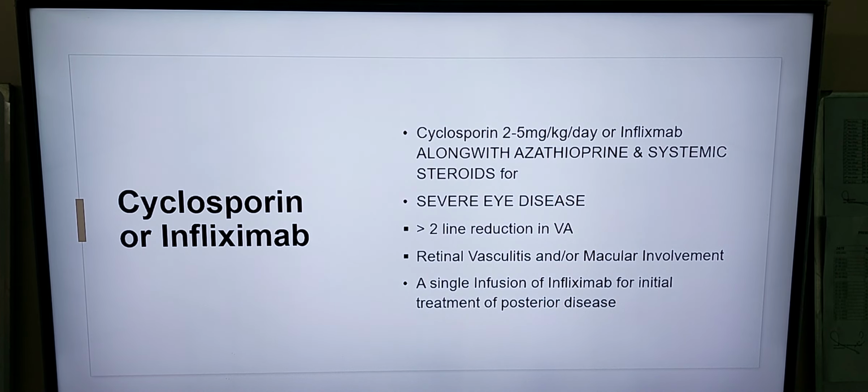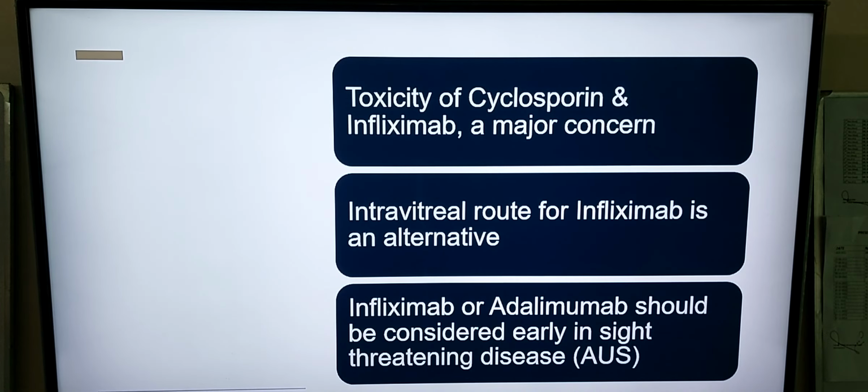In cases where there were significant side effects associated with azathioprine or systemic steroids, a single infusion of infliximab for initial treatment of posterior disease was also postulated.